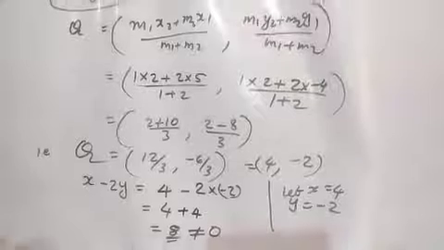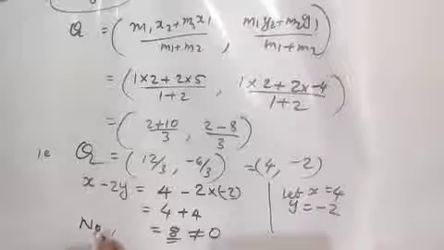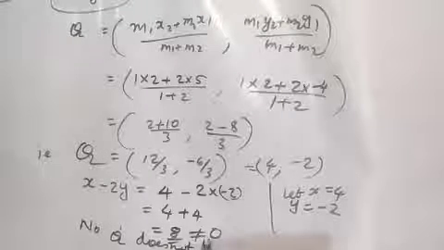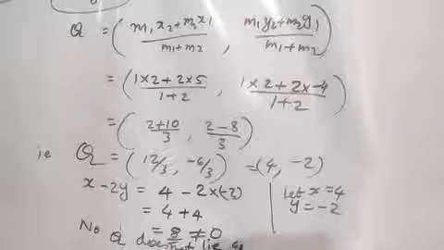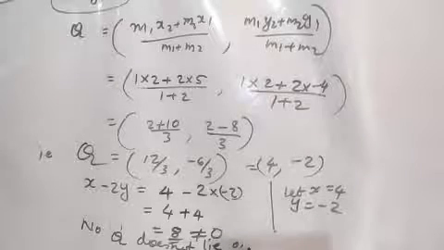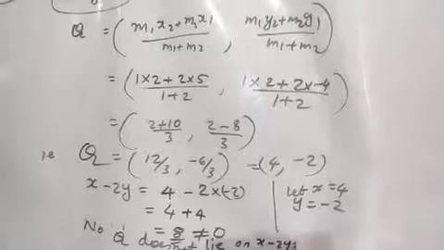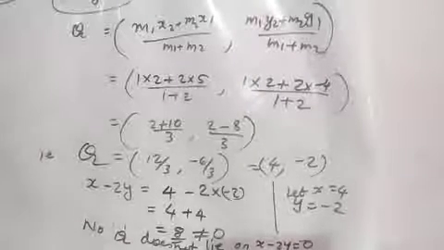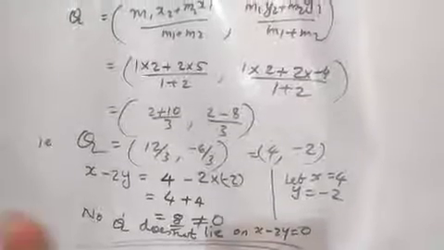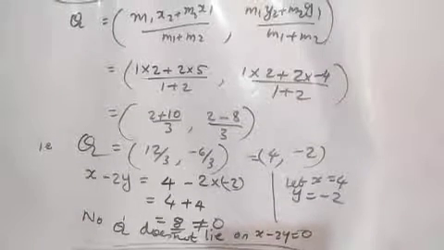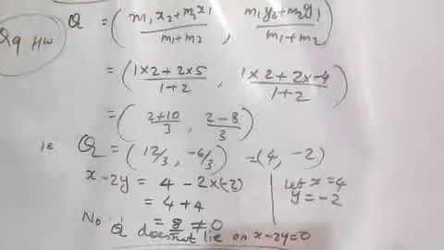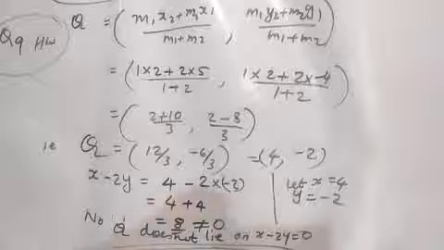That's why we can write no. The line x minus 2y equal to 0 does not contain Q. Okay, in this line we can't find the point Q. Understood? And a similar type of problem is question 9. Question 9 is homework. Don't forget to do the problem as homework.